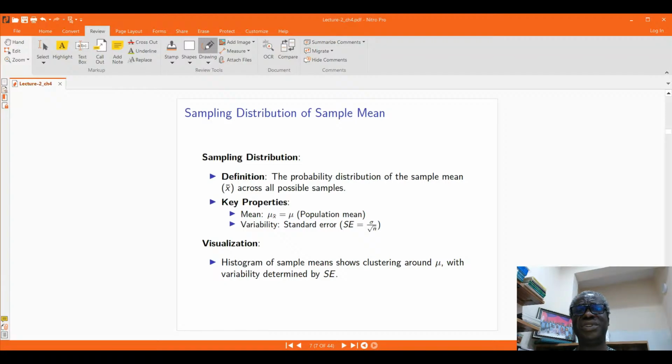This distribution has two important properties that you must know.